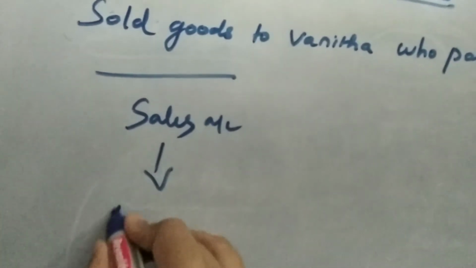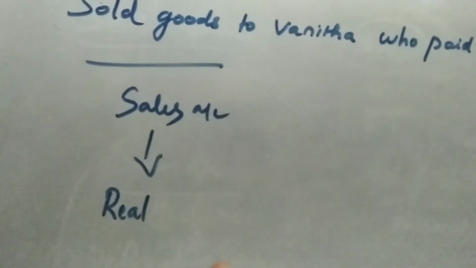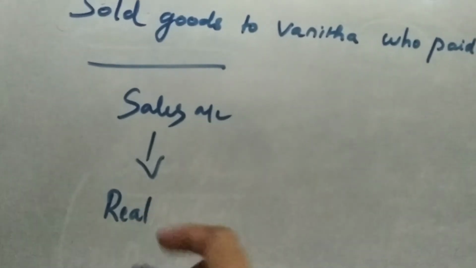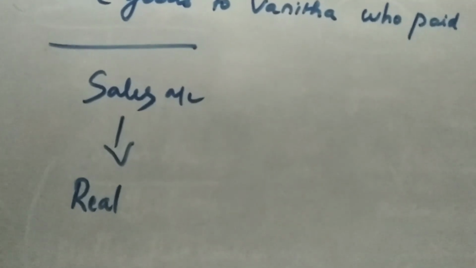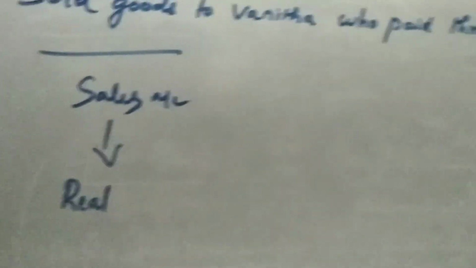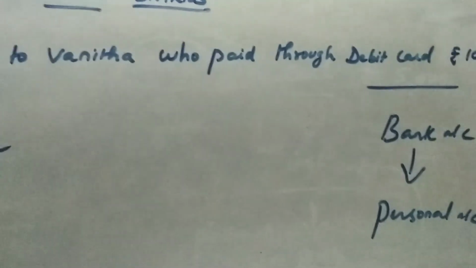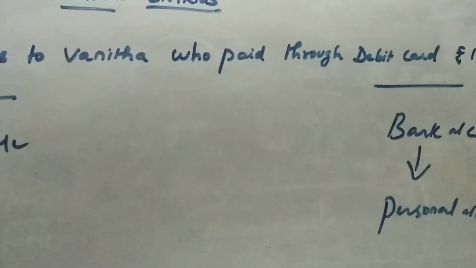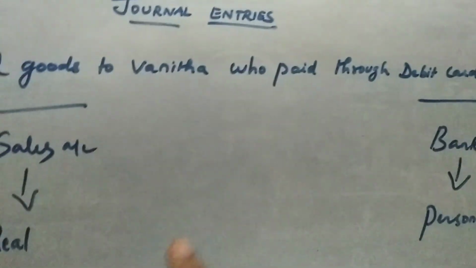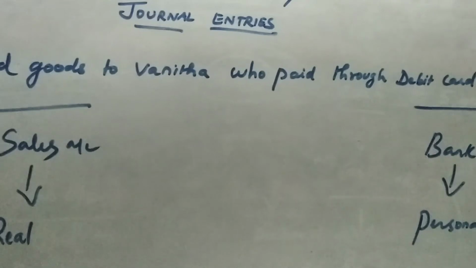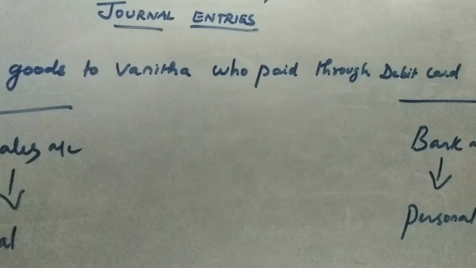Sales comes under real, I am going to take it as real. It can either be taken as a real account item or a nominal account item. I am going to take it as real. Bank comes under personal. Now, when Vanitha pays through her debit card, the amount is being transferred from Vanitha's account to our bank account. Able to understand? Now, when we receive the payment, who is going to receive the payment on our behalf?